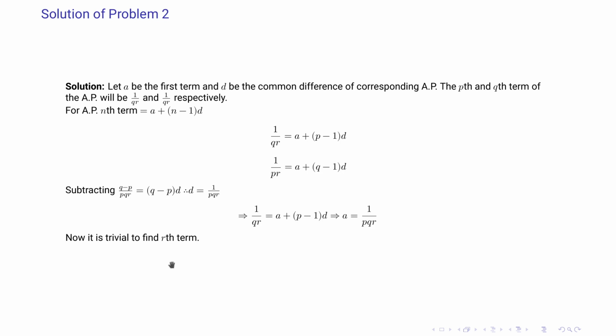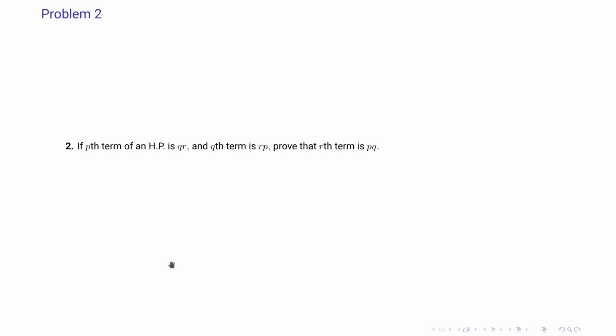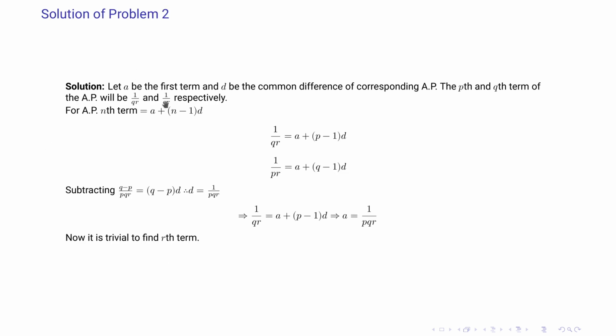The pth and qth terms would be 1 by QR and 1 by RP. For an AP, the nth term is given as A plus (n minus 1) into D. So we write the pth term 1 by QR is equal to A plus (P minus 1) into D. The qth term 1 by PR is equal to A plus (Q minus 1) into D. Now we subtract these, we get (Q minus P) by PQR is equal to (Q minus P) into D. So Q minus P will get cancelled and the common difference would be 1 by PQR.